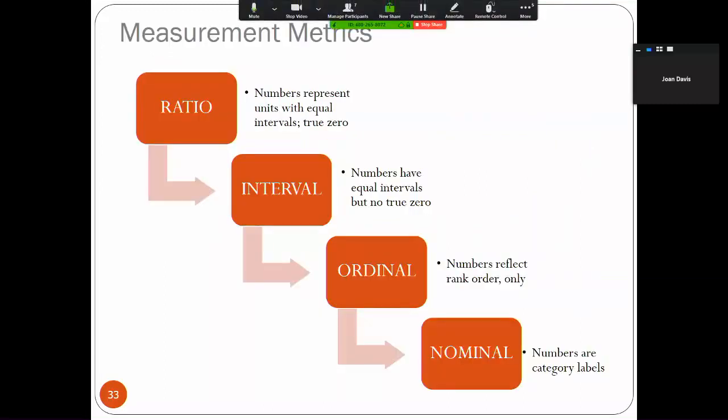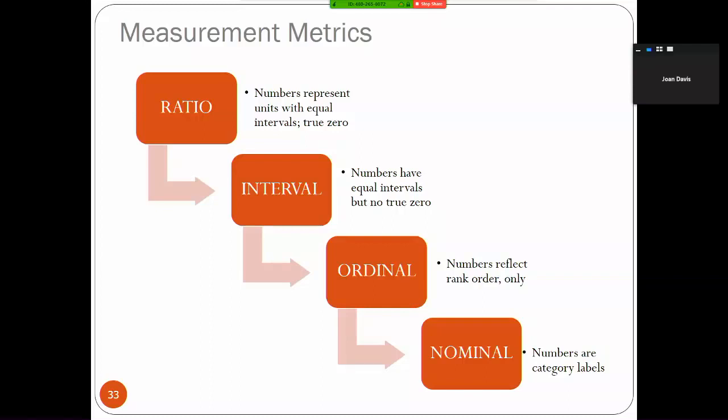And the first thing you have to understand is that different types of measurement differ in terms of their precision. It depends on the construct you're measuring. So the smartest of all of those metrics is the interval/ratio scales, where numbers represent units with equal intervals.